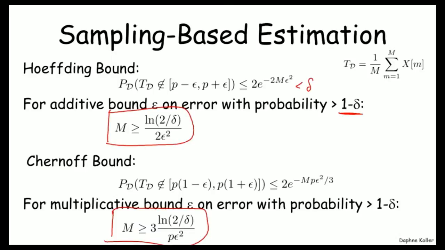And now this epsilon squared over here is beginning to look pretty scary in terms of the number of samples that are required to get a reasonable bound.